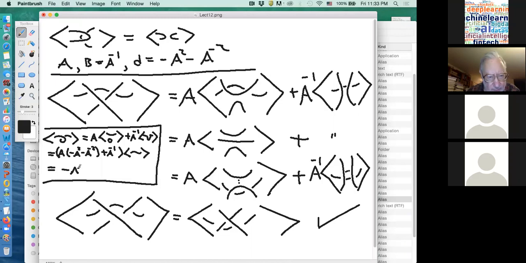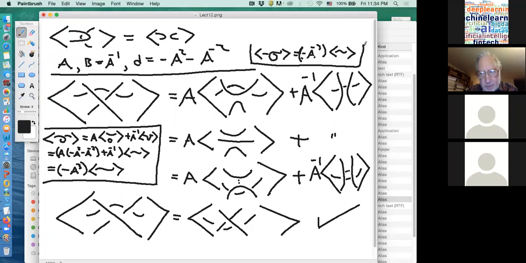Just minus A cubed. Because you get minus A inverse plus A inverse. So you get minus A cubed times the removal of the curl. And if you had the opposite curl, then you'll get minus A to the minus 3. So it isn't invariant under the move, but it behaves in an extremely simple way.